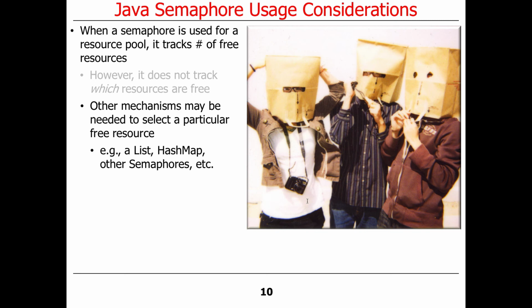If you don't protect the hash map, or the list, or whatever data structure you're using, then chaos and insanity will break out, and there will be race conditions and other visibility problems accessing that data structure.